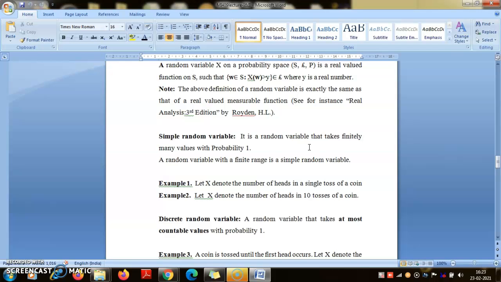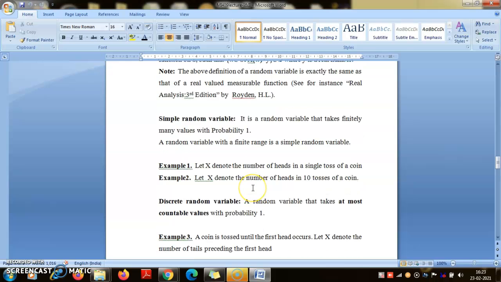You can collect all those points in the domain for which X(w) is 0, and all the points in the domain for which X(w) is 1. These two will be disjoint sets, and together they will be a partition of S. So this is the idea. An example of a simple random variable: I toss a coin and count the number of heads. In a single toss, it will be either 0 or 1, because you can have at most one head.